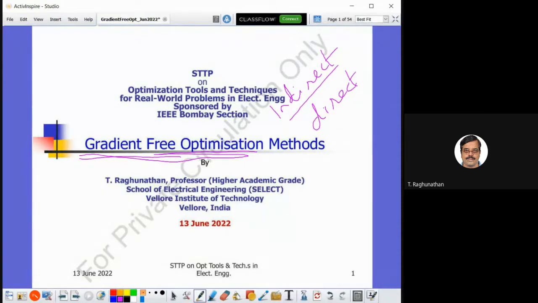This is another very important class of methods. Unlike gradient based methods, where I also told you there is Newton's method, which is more than 300 years old, right? As compared to those classical or traditional methods, these are more recent in origin.